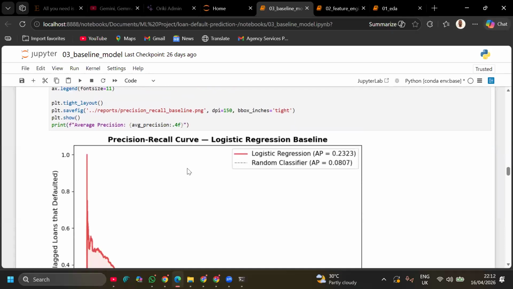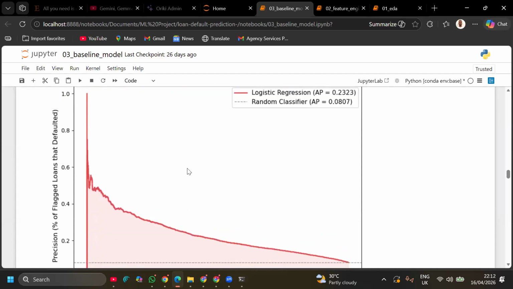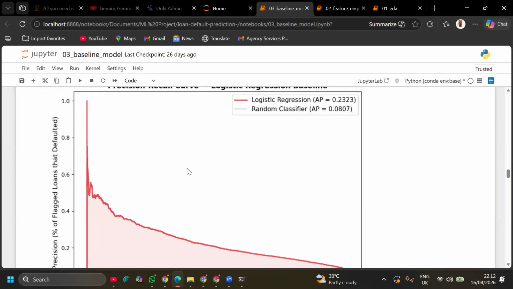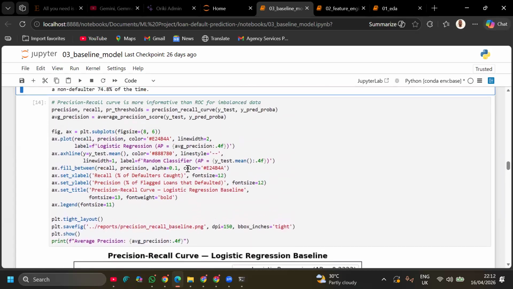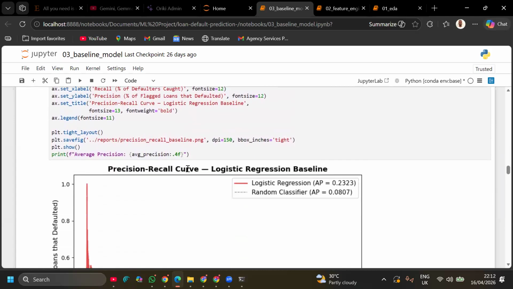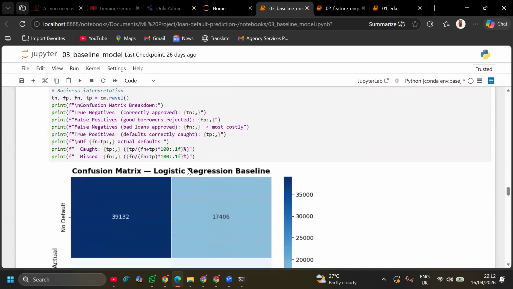However, we want to try other models to see whether they improve on the traditional method. So that is why we want to use other models like XGBoost to see if there's going to be an improvement above the logistic regression model.